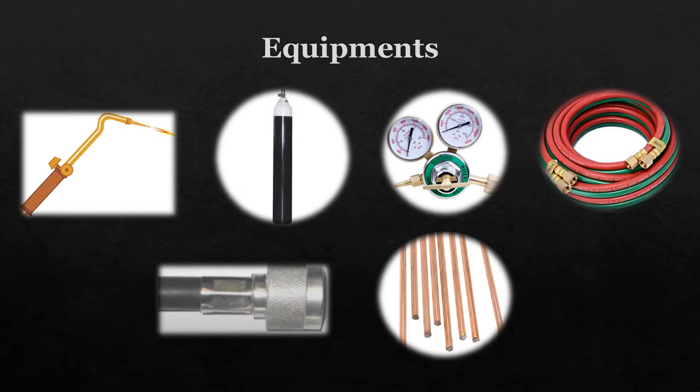Then, the next is the metal clamp. A metal clamp is used to attach the welding hose to a nipple. Then the last is filler material. Filler material is used to supply additional material to the joint to assist in filling the gap, and it forms an integral part of the weld.